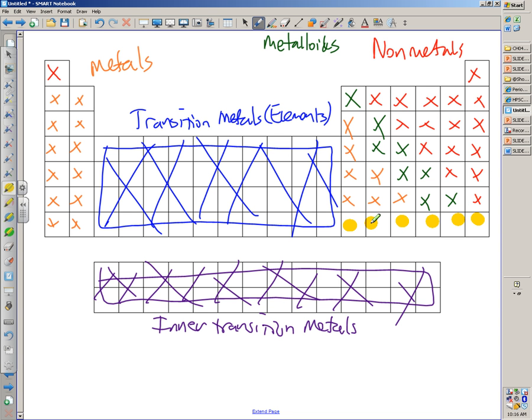The farther left you go on the periodic table, the more metallic these elements are. The farther right you go, the less metallic they are. So these elements over here in the first column are our most metallic elements, whereas these ones over here are the least metallic elements.